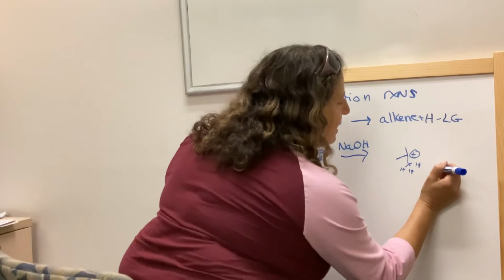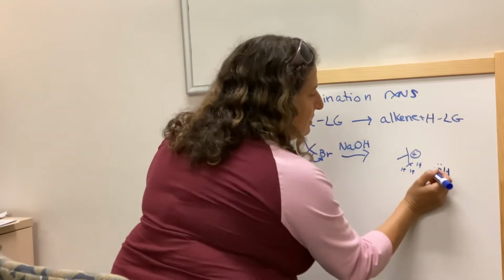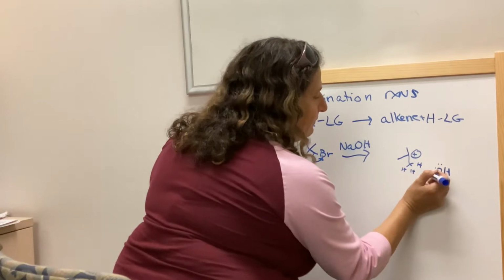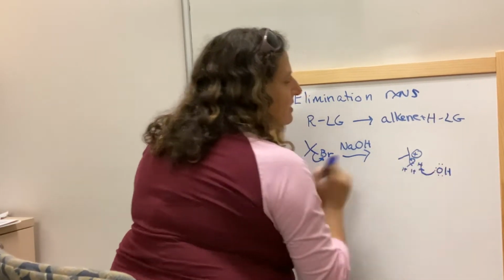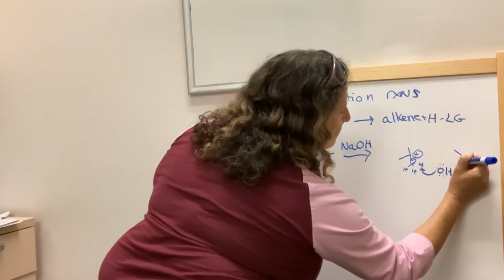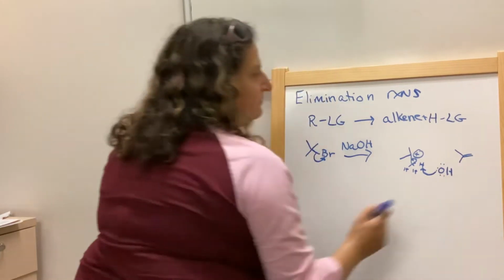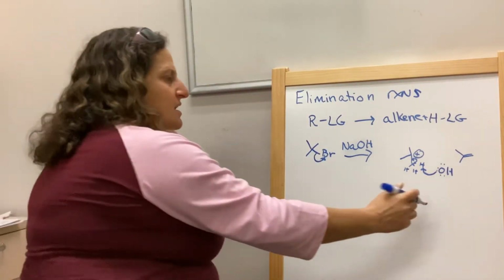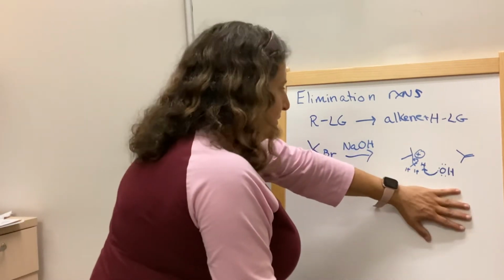So if I have OH come in, boom, and then I will form a double bond. So that will go to boom, boom, boom, boom. And you notice I went from an alkyl halide to an alkene.